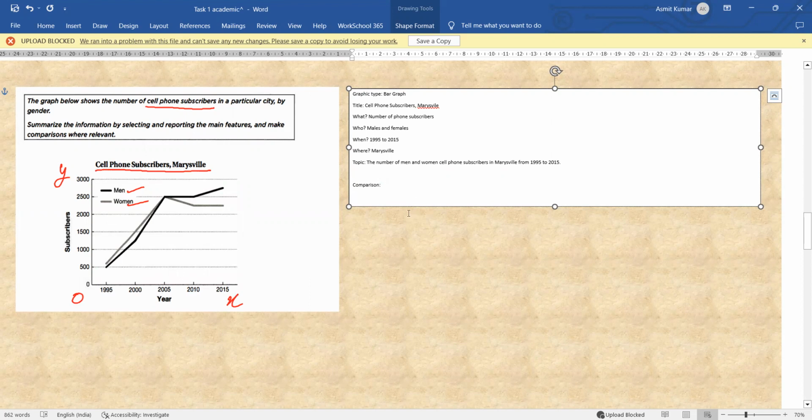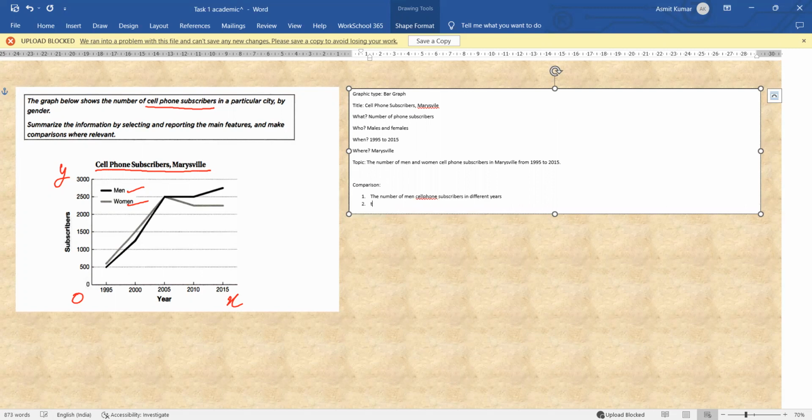The second one would be for the number of women cell phone subscribers in different years. Am I clear? So only these comparisons should be there. So the first one is the number of men cell phone subscribers in different years. Place we are not writing right now because the place is already known.